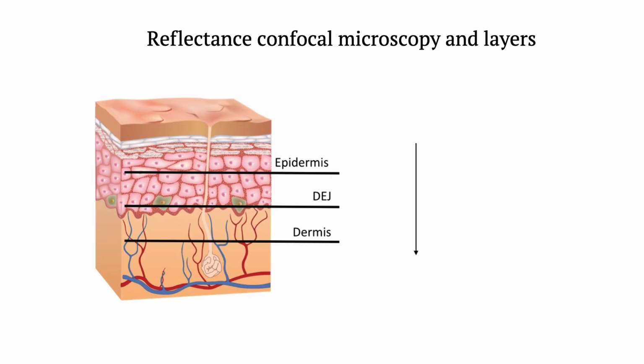Then we have the reflectance confocal microscopy, and we know that we use this tool very much in the analysis of skin cancer. But when this tool is available, we can also easily apply it to the study of skin aging. And we performed many studies on this topic, and we were able to really understand some of the things that we're going to show later.